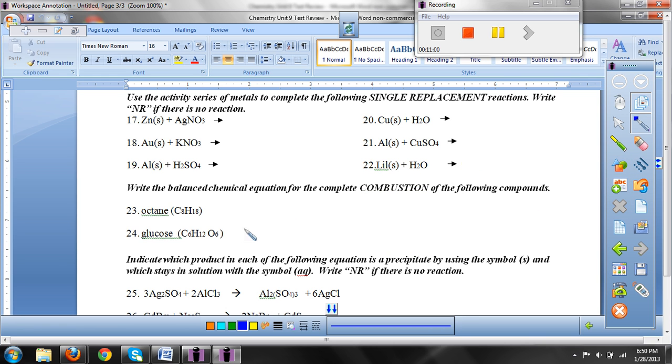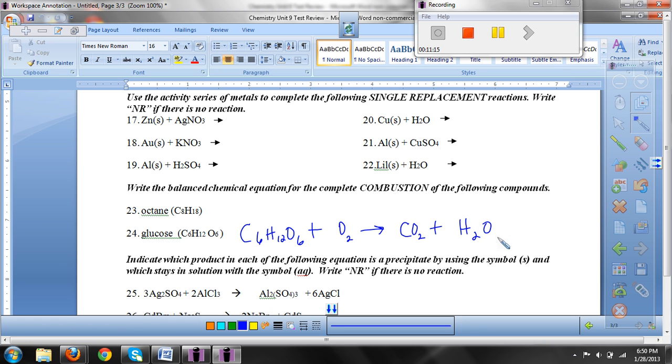All right, my next one is C6H12O6 plus some oxygen. Gives me CO2 and H2O. Combustion always has products of carbon dioxide and water. 6 carbons here, 6 here. 12 hydrogens here. 6 oxygens and then some here.